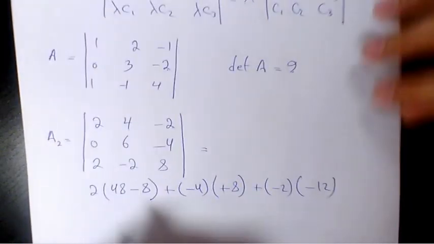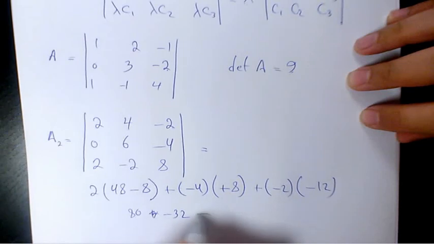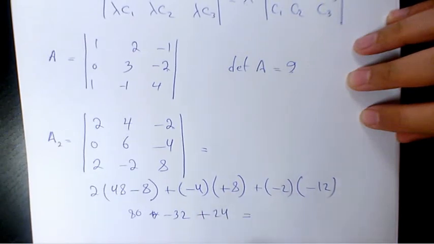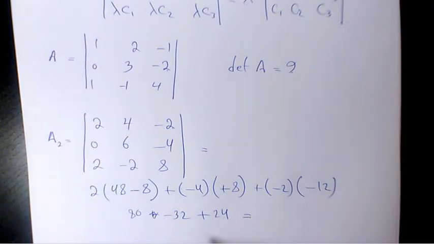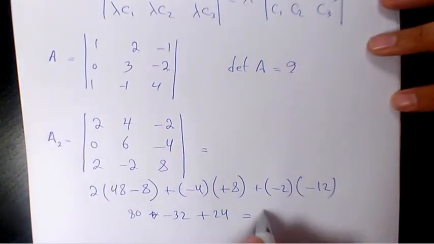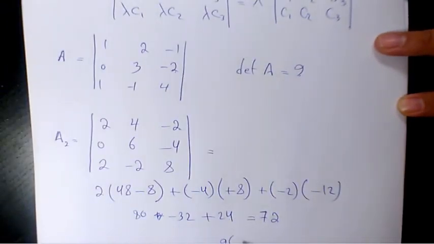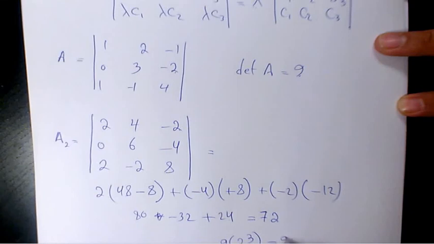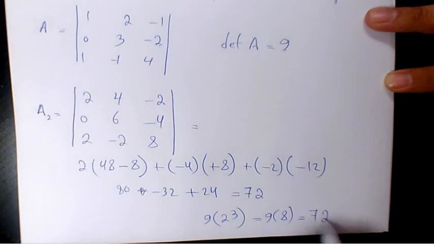That's going to be 80 minus 32 plus 24. That's going to be 72, which is 9 times 2 to the power of 3, which is 9 times 8. So that's why we got 72. Why 2 to the power of 3? Because the size of the matrix is 3. So 2 to the power of 3 times 9 is going to be 72.